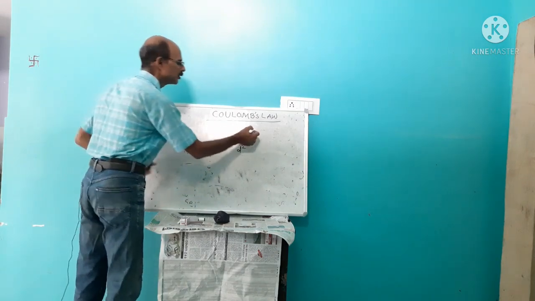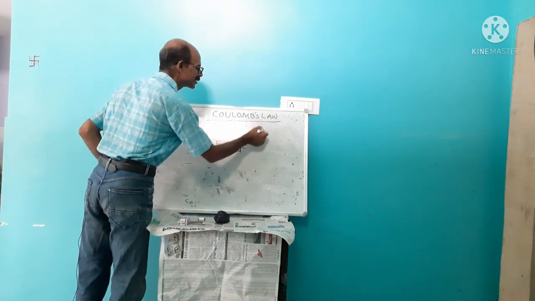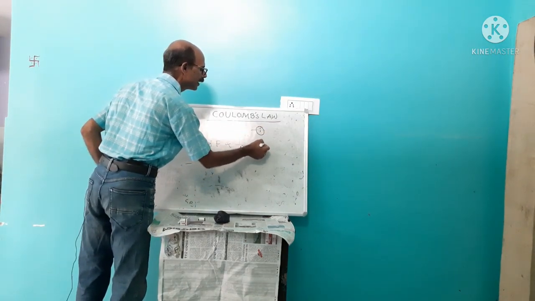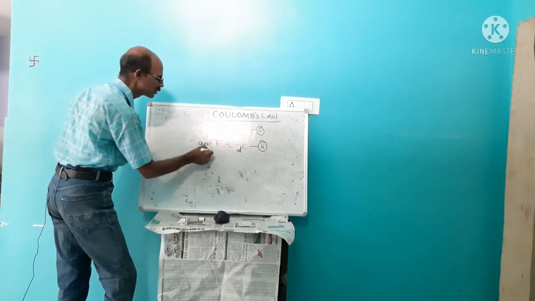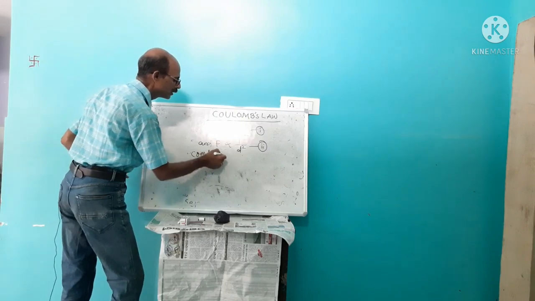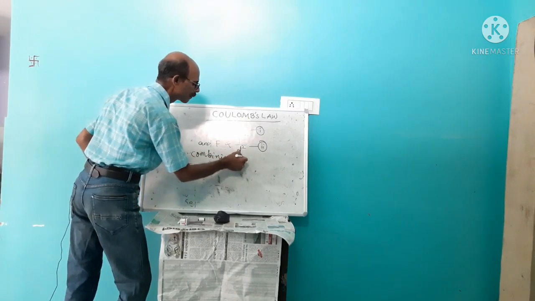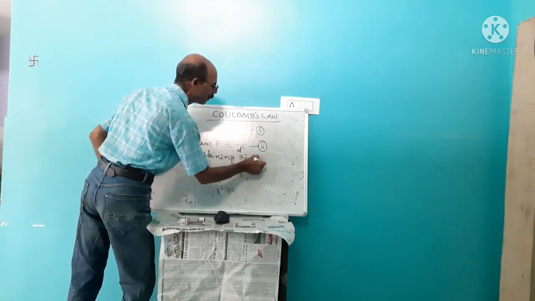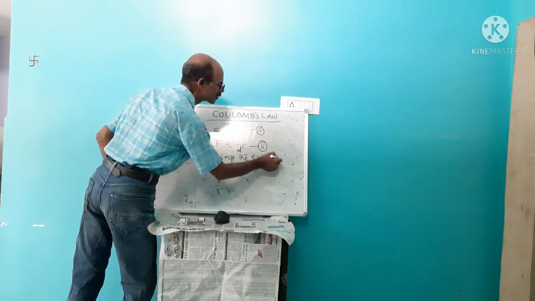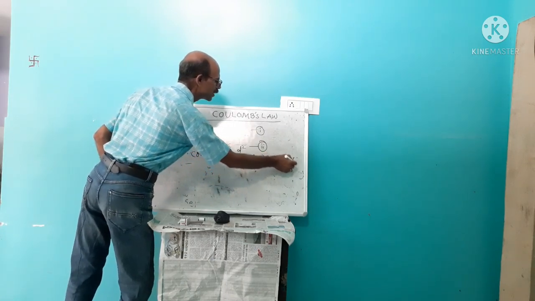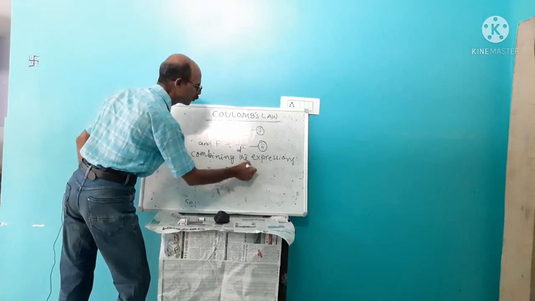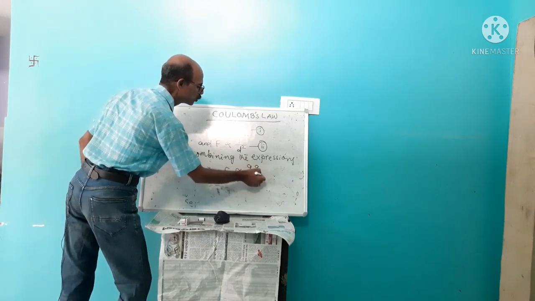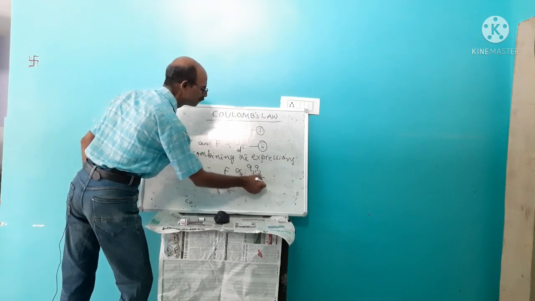Now we combine these two expressions, I and II. We will get F proportional to q1 into q2 by d squared.